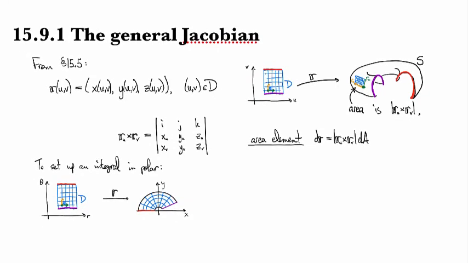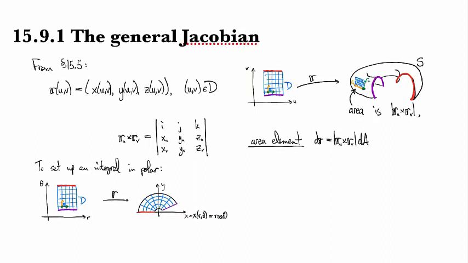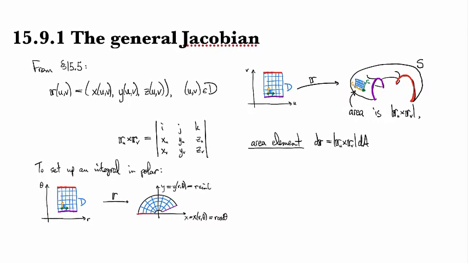We have this kind of picture. Here x is a function of r and theta. In fact, it's r cosine theta, and y is a function of r and theta. In fact, it's r sine theta.